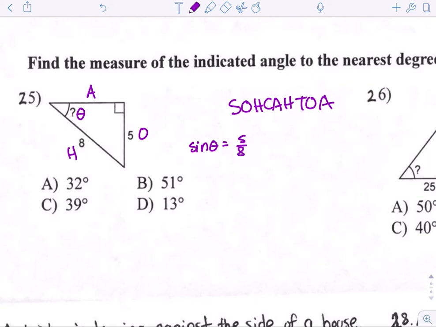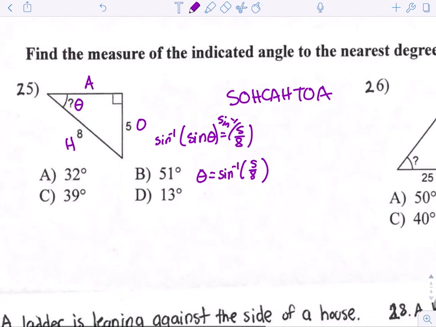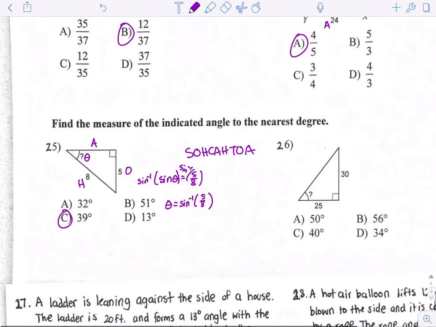To isolate the theta, you have to take sine inverse of both sides. Theta is equal to sine inverse of 5 over 8. Put this in your calculator and you should get 38.68. To the nearest degree, 39 degrees.